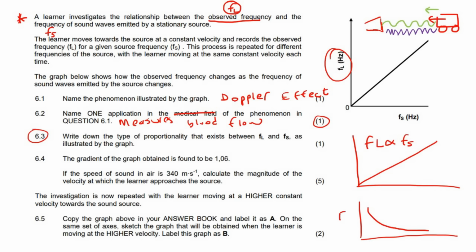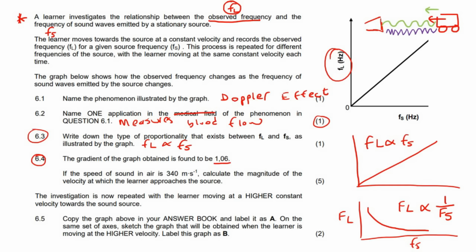But if it was like this, you would say FL is proportional to 1 over FS. So we are going to say FL is proportional to FS.